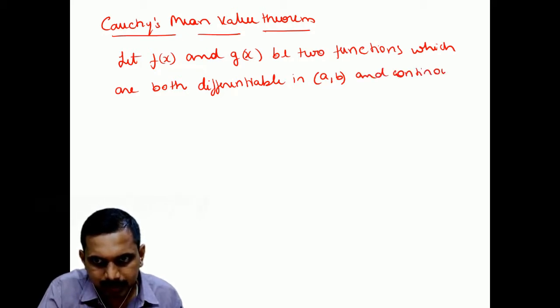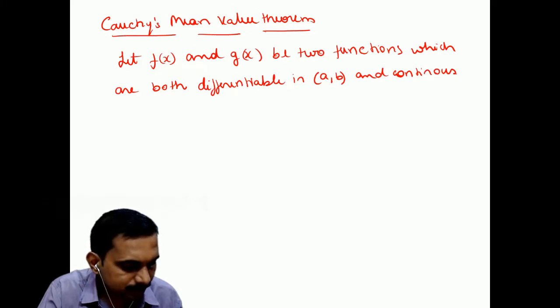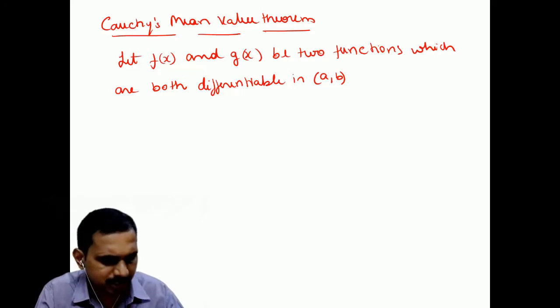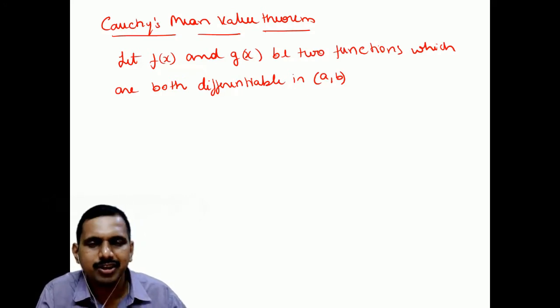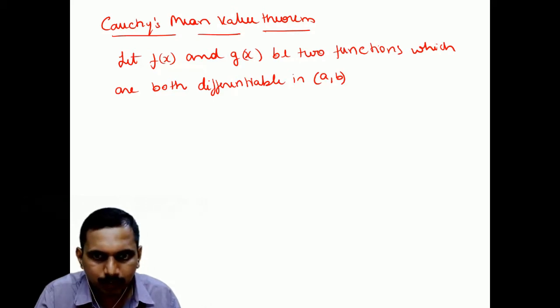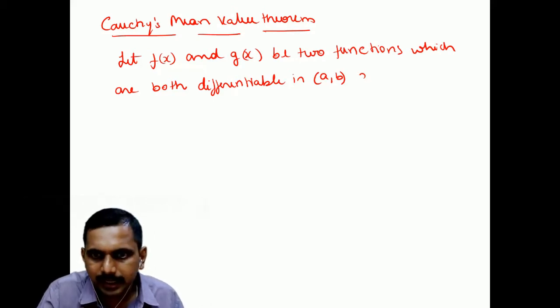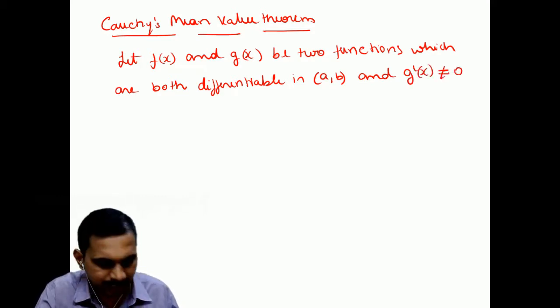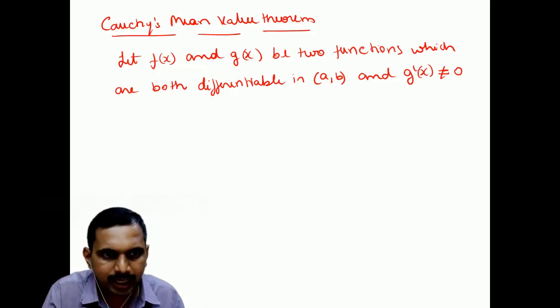Continuous. If it is differentiable, it is continuous. We don't have to worry about it, right? The function which is differentiable has to be continuous. So when I say differentiable, it's enough. So differentiable in open interval AB, and g dash of x is not equal to 0 anywhere, for any value of x.